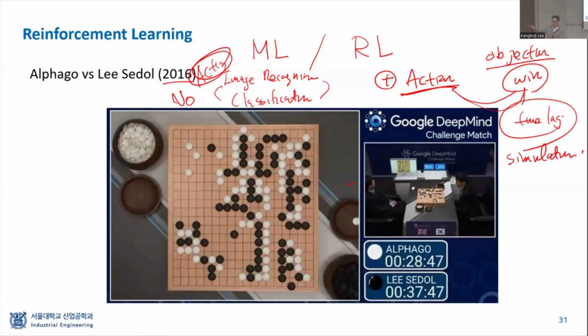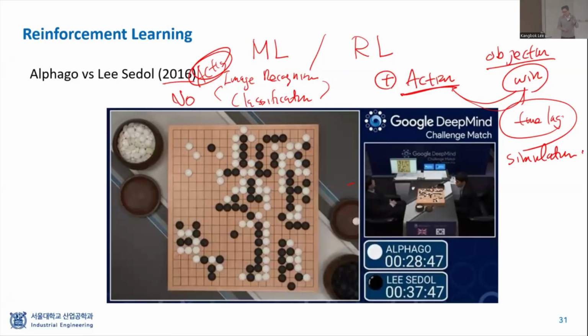So how do they do that? They remember a lot of previous game history, and then they can simulate what's going on in the future. So they are using machine learning, obviously, because they need to remember the patterns from the history of those plays.